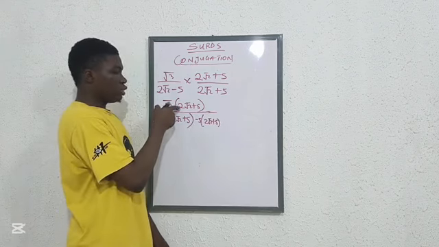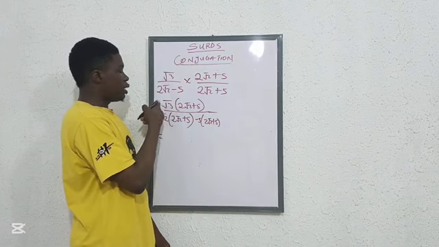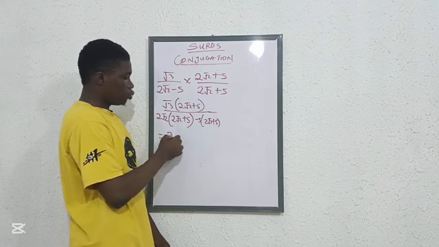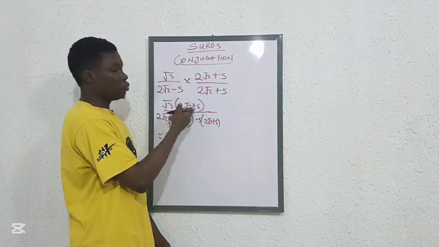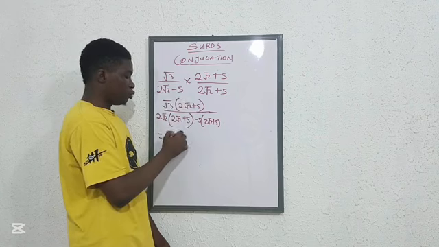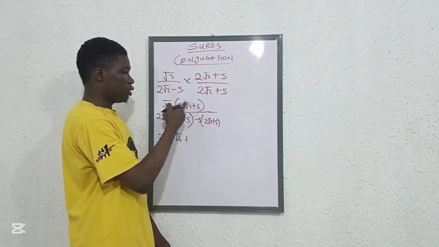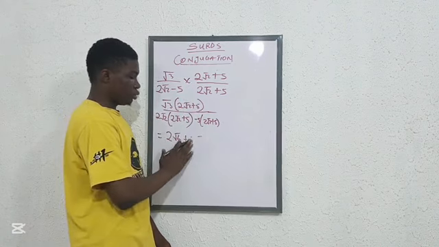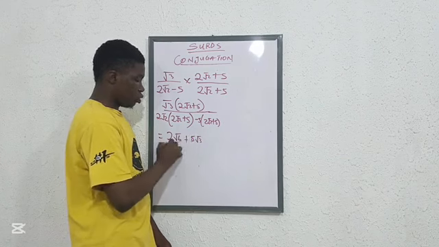Then we have root 3 times 2 root 2. Since 2 is a whole number and there's nothing here, so it will be like 1. So 1 times 2 will give you 2. Root 3 times root 2. Whenever you have different numbers in the root, you just multiply them together. Root 3 times root 2 will give you root 6 plus same thing 1 times 5, that's 5 root 3, 5 root 3 for the up.